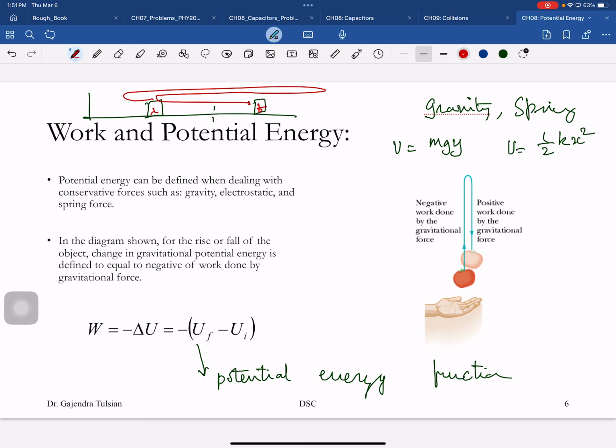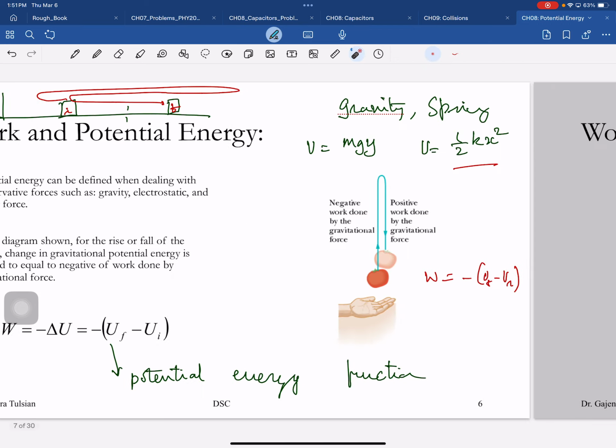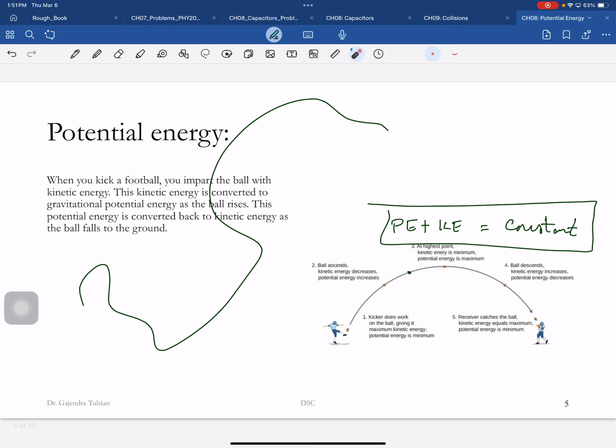Along that path, if you ask how much work was done, the work done was minus U final minus U initial, where U is the potential energy function. Very easy to calculate the work done by the spring. So, you guys understanding this? I'm not rushing through, am I?